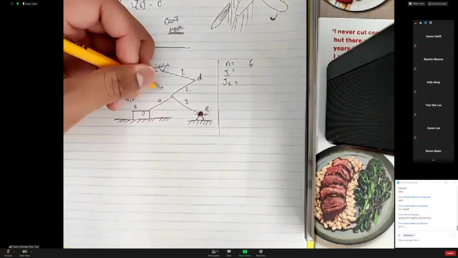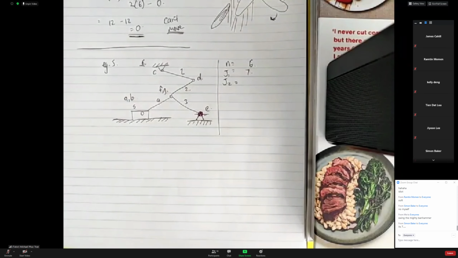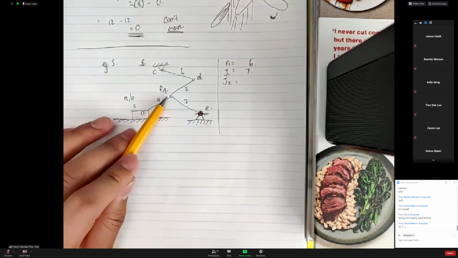And then F, G. That's 7. 1, 2, 3, 4, 5, 6, 7.